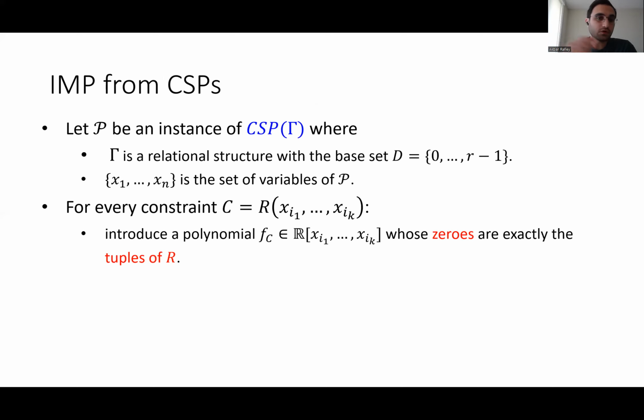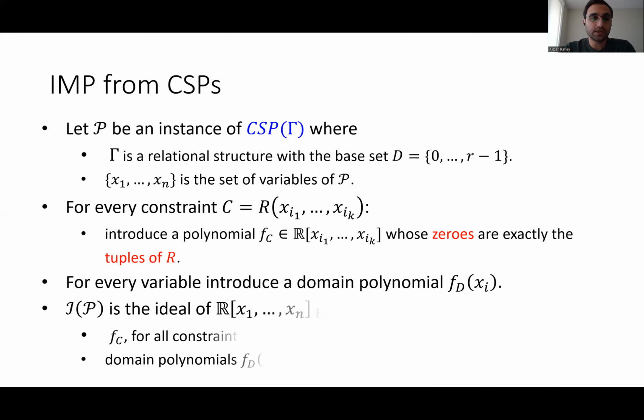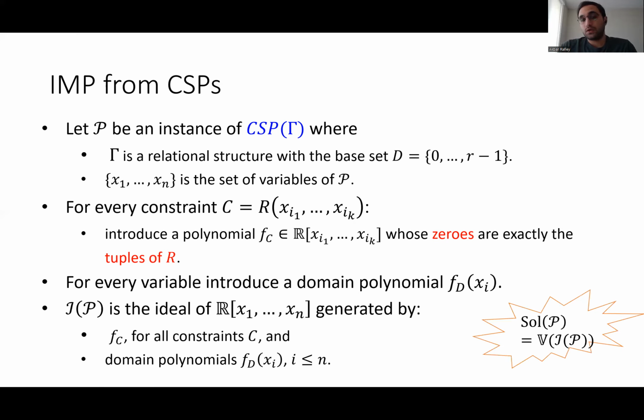We do that for all the constraints, and of course, for all the variables, we have these domain polynomials, as we saw in the 0, 1 case for two coloring. Then we put all these polynomials together. It gives us an ideal, right? And note that here the solution set of the CSP instance that we started with is the same as the variety of the ideal that we construct here.